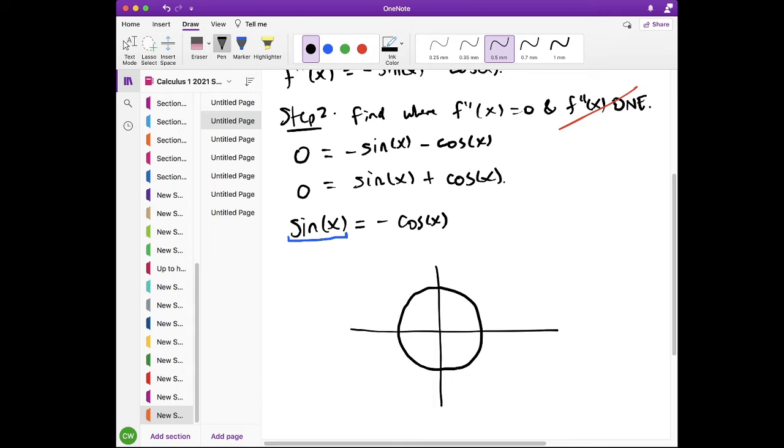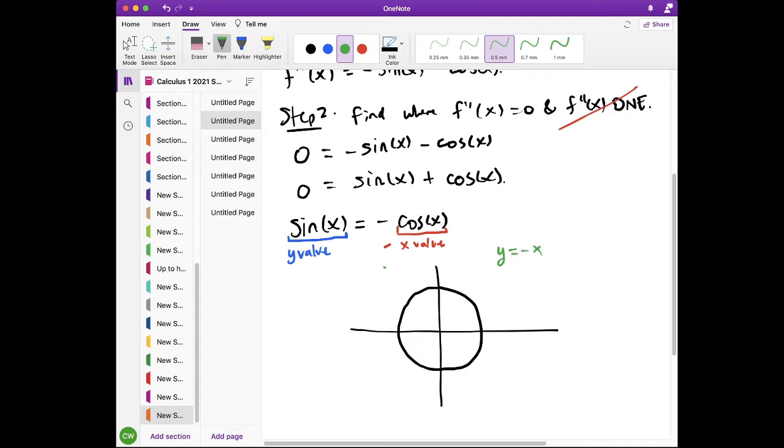The y value. When we look at cosine, that means it's the x value. So I want to find all angles such that the y value is equal to the negative of the x value. That's nice, right? That's just y equals negative x.